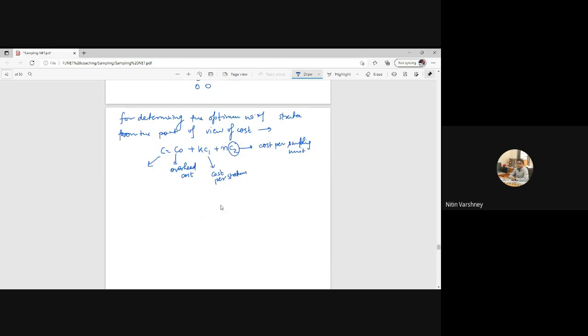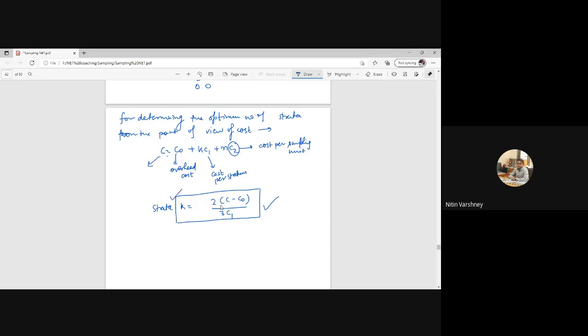Now the optimum values of k and n we can find. The number of strata k is equal to twice C minus C0 upon 3 C1. They can ask this directly in the exam. C is the total cost, C0 is the overhead cost, and C1 is the cost per stratum.